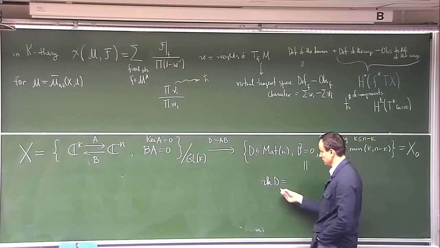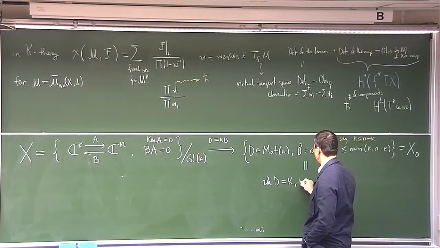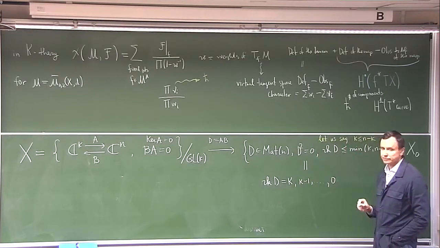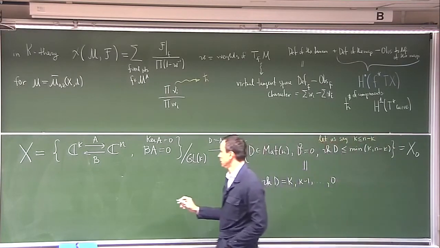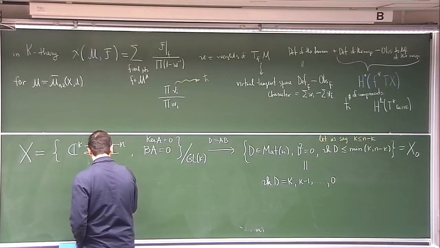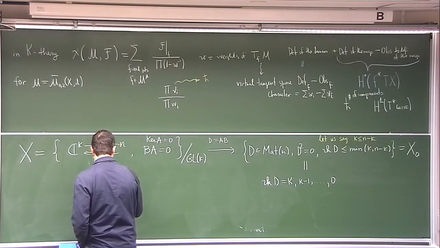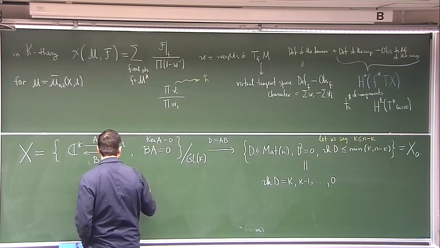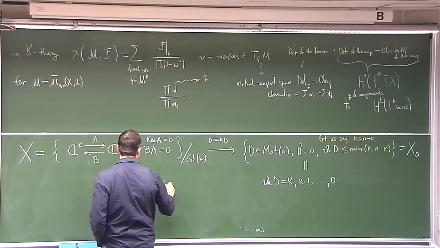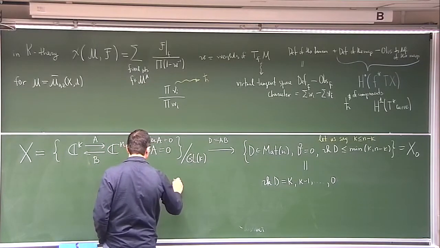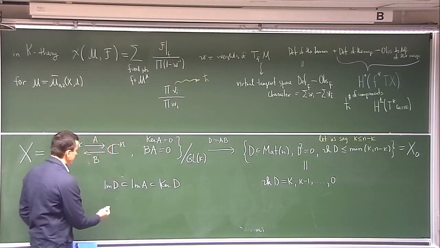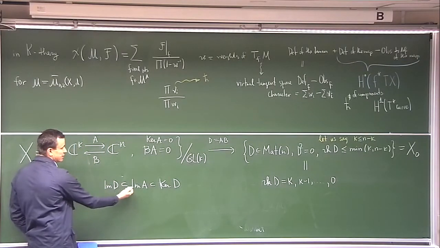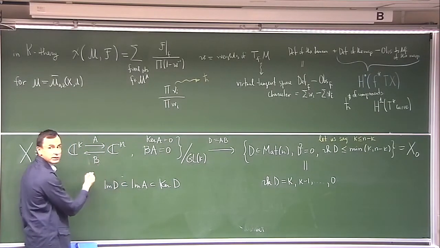Then the maximal the rank can be is k, then k minus 1, and so forth to 0. Since the image of D has to be contained in the image of A, contained in the kernel of D.